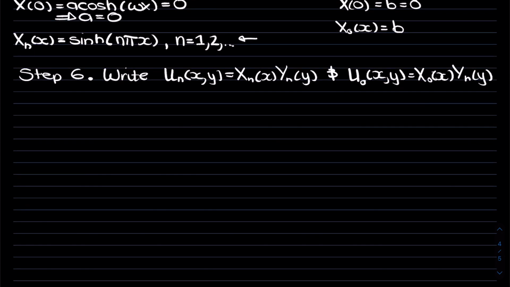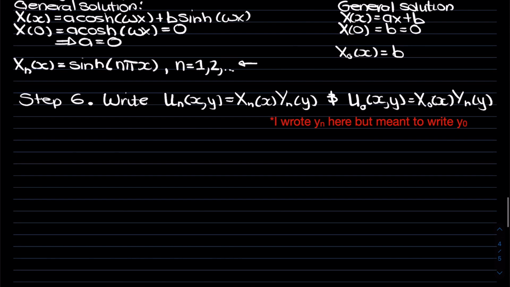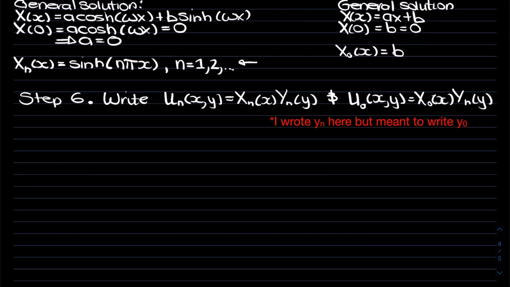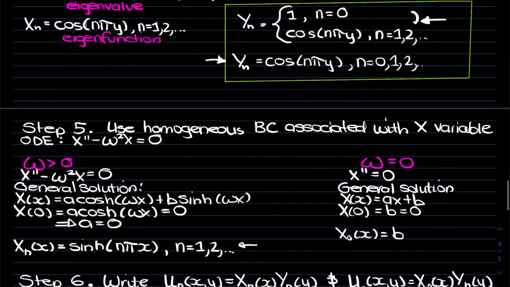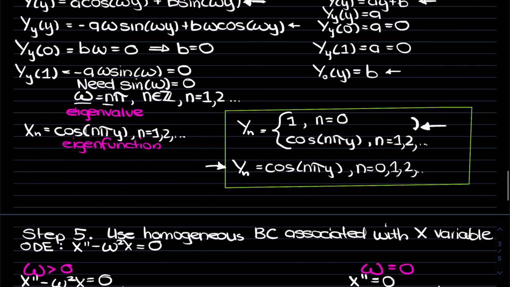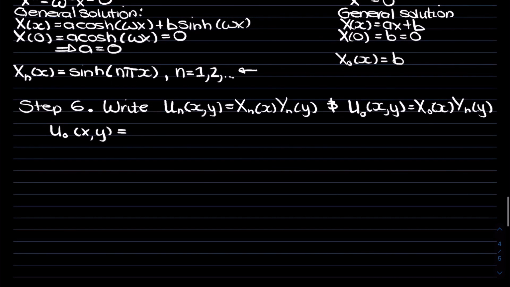Right, so for step 6, we're going to write u of naught of x and y, and all that is some constant b times some other constant. Here I've just called it 1, but it could have been another b. All it is is one constant multiplied by another constant, so we're just going to give that constant the name of a naught, and that's for n equals 0.